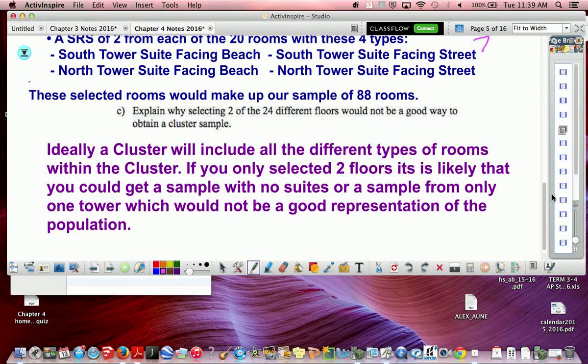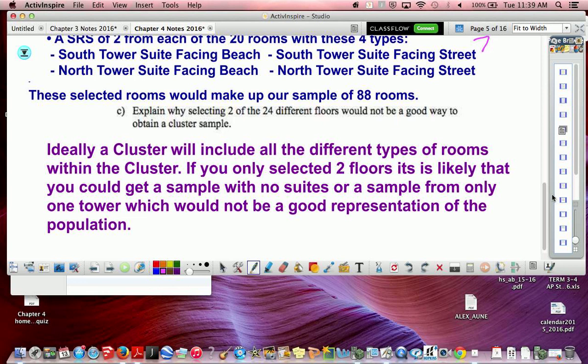Meaning, like if I selected room 107 and 108 is on the opposite side, okay? I would do 107 and 108, then 207 and 208, 307 and 308, and do that all the way up, including the suites. Do the same thing in the old tower and the new tower, and I could have that be my sample. It's a version of clustering because I really just took a random sample of 2 numbers within the floor, and I'm doing all of those room numbers.